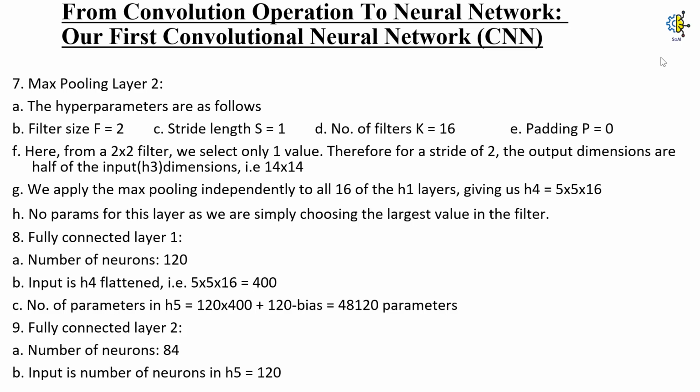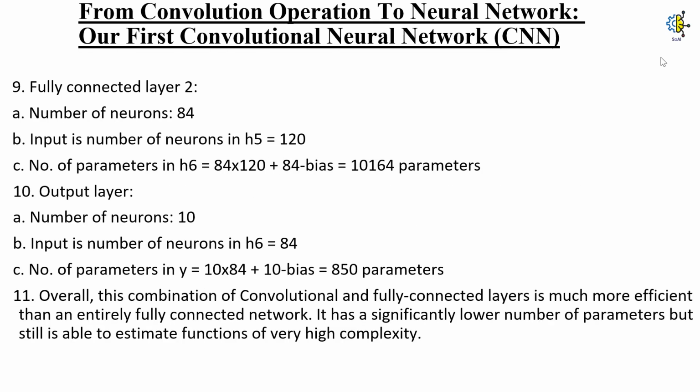Input is the number of neurons in H5, which is 120, and the number of parameters in H6 is 10,164 parameters. Now the output layer, number of neurons is 10, input is the number of neurons in H6 which is 84, and the number of parameters in Y is equal to 850 parameters.